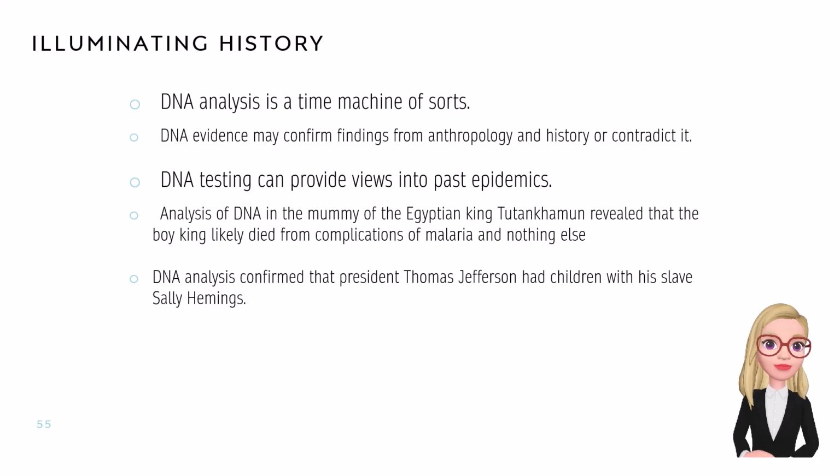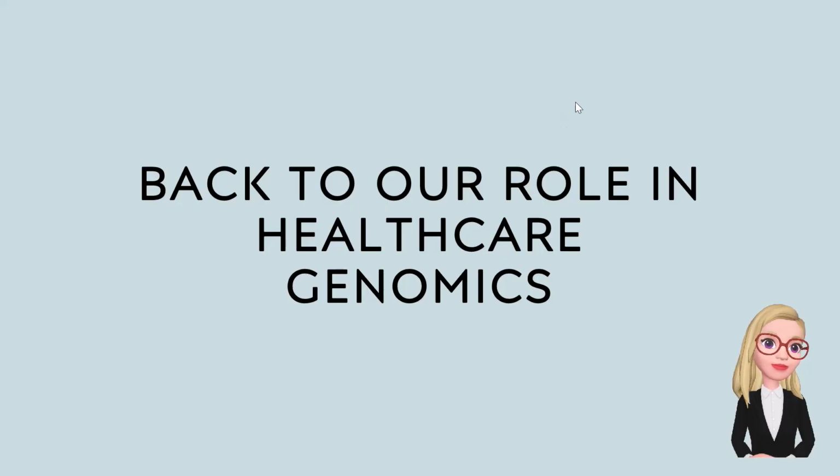They've done analysis of DNA in the tombs of mummies, and you can see King Tut. We've looked at DNA and Thomas Jefferson and fathering children and things like that. So again, it is sort of a time machine as we look back.